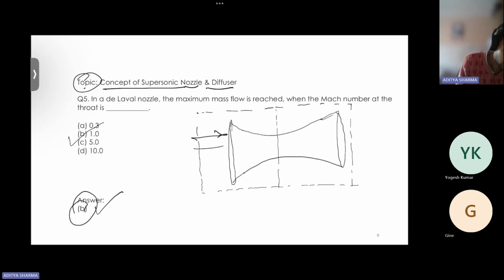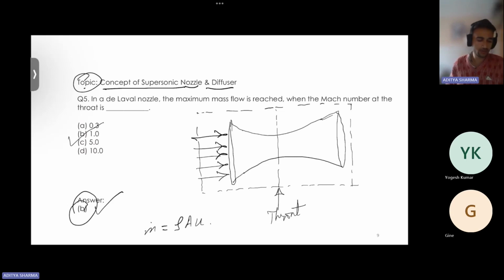Let's say the flow is in this direction. So what is mass flow rate? Rho A V, or U, right?